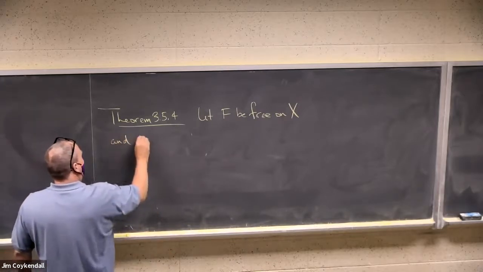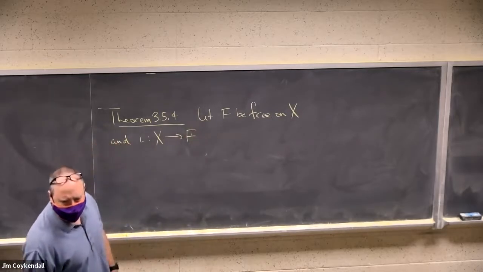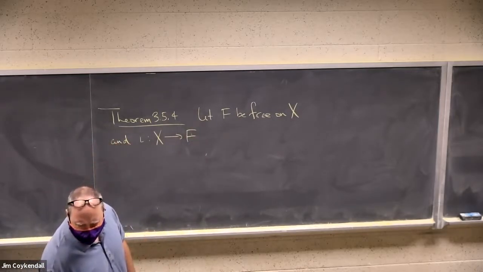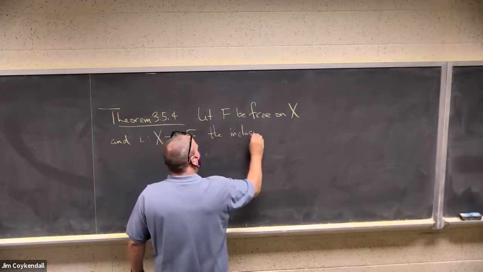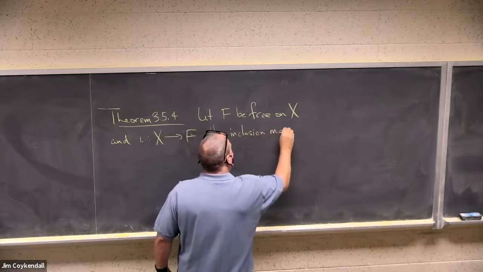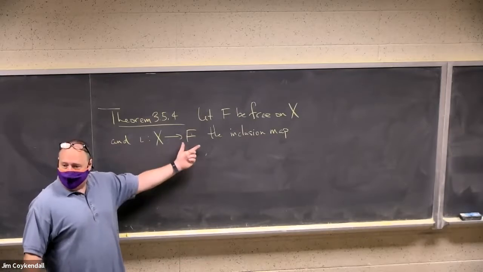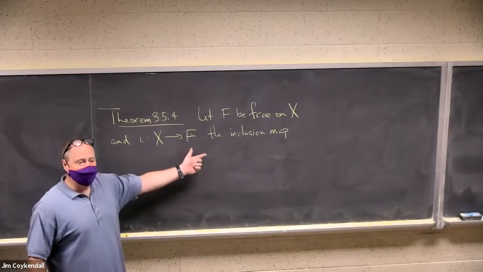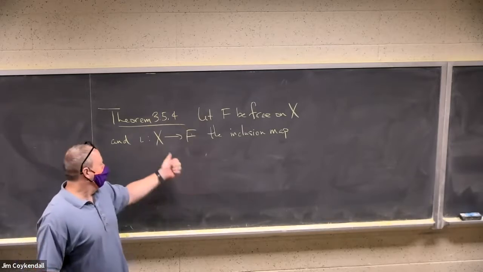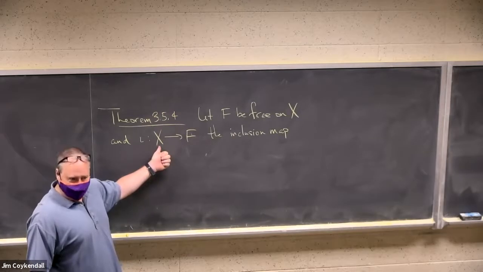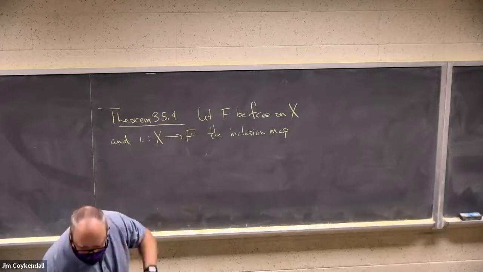And iota from X to F, the inclusion. Now, this iota from X to F is a group, true enough, but just think of this as a map of sets, right? This is inclusion of my alphabet into the free group. So the typical element of this is a letter, and it just gives you a letter here. This is a map of sets. That's it. There's no structure to it.